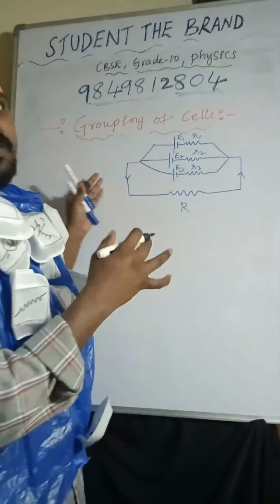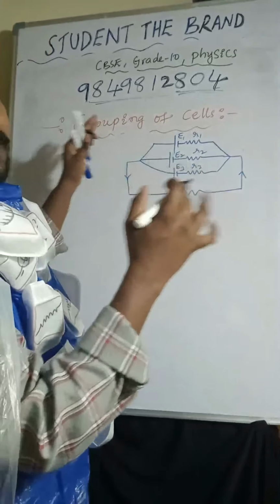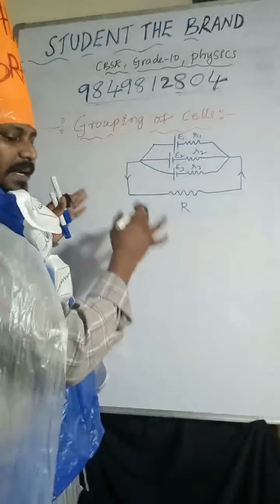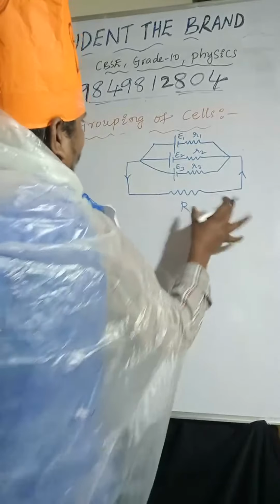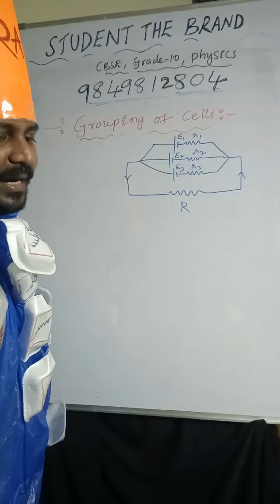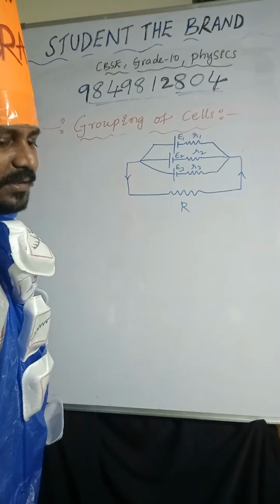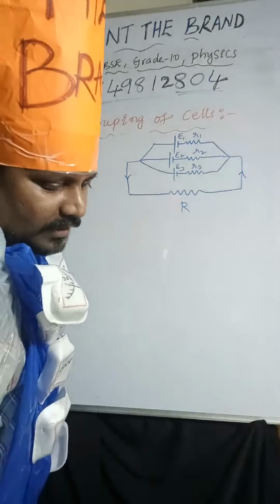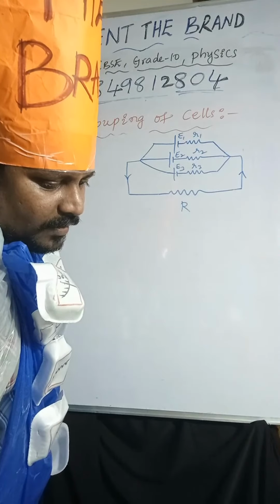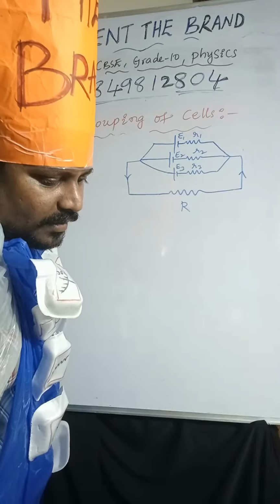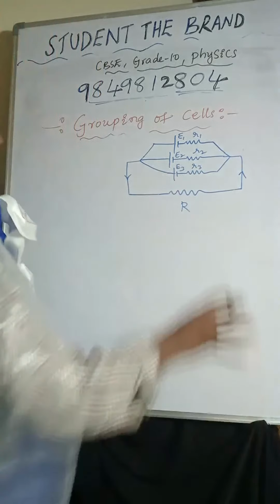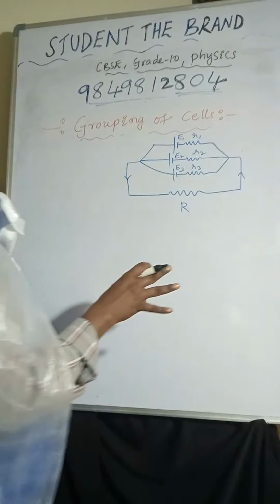So now we have to apply Kirchhoff's loop law. If you apply Kirchhoff's loop law, how will you get it? Is EMF positive or negative? I already explained Kirchhoff's laws, so go through that once. Okay, check here once.